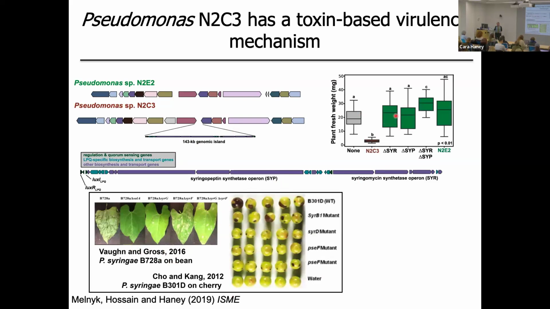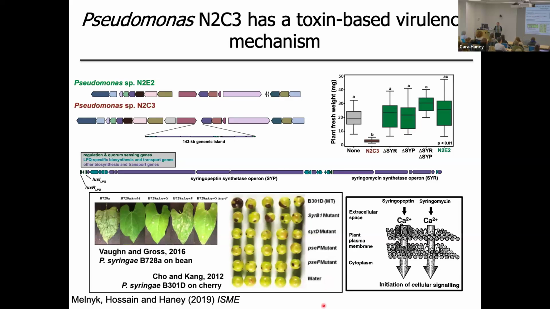They actually seem to work synergistically, so deletion of one is sufficient to abolish virulence. So you need both in plants. These are known membrane-associated pore-forming toxins. They've been well studied a very long time ago, but they can intercalate into membranes and form pores. And that's proposed to be the mechanism of killing.